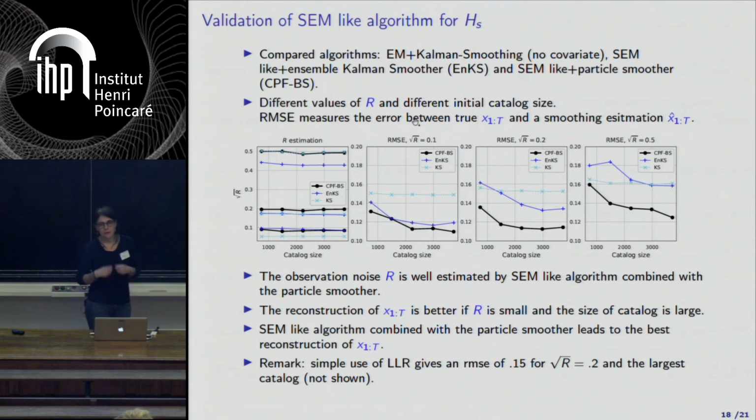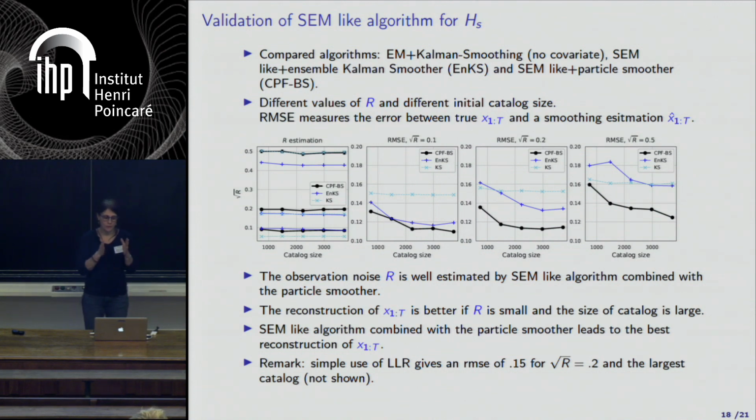And we did the experiment with different values of the observation noise. So we increase the observation noise from 0.1 to 0.5, which corresponds to the 3 columns. And on the left, we just plot the estimation error with different catalog sizes.